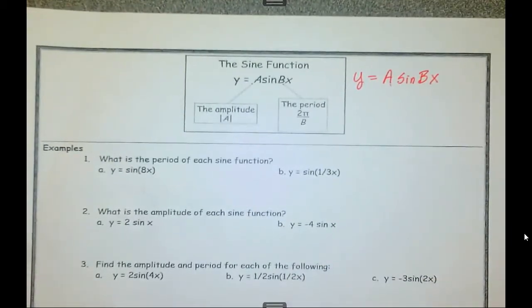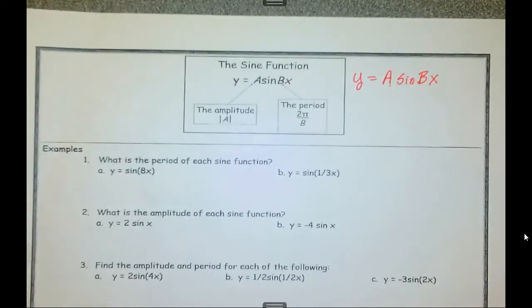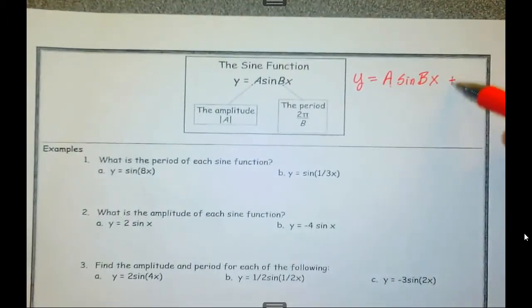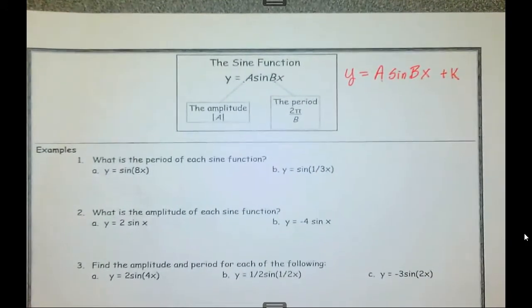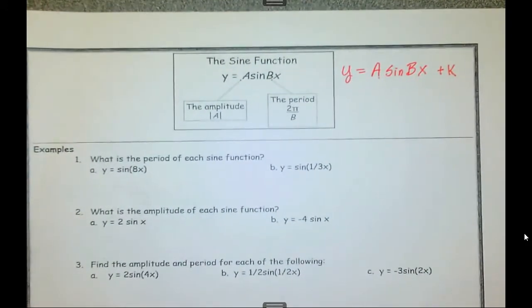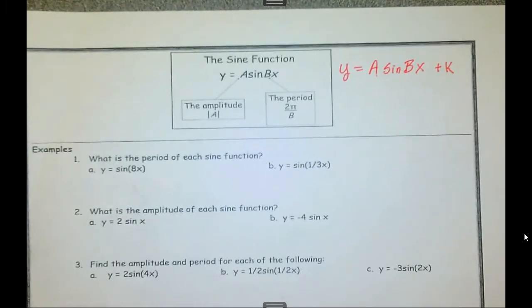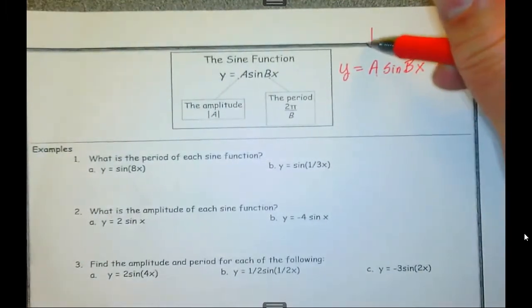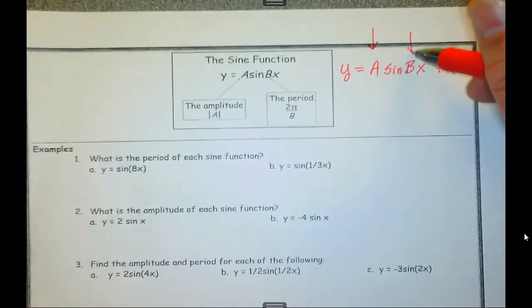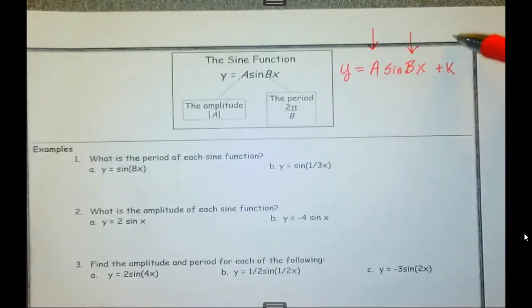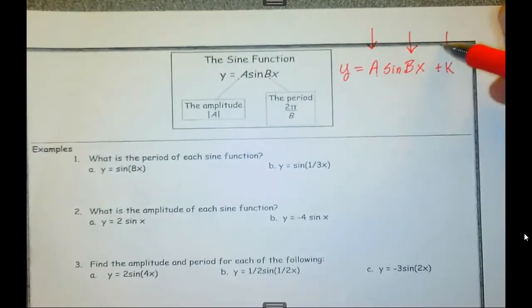Now, for the rest of this course, actually, there's a k over here. For the rest of this course, including trig modeling, which is fun, you will be figuring out what the amplitude is, what the period is, and what k is.